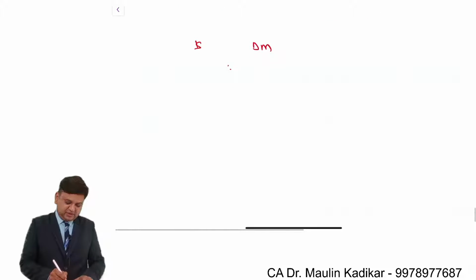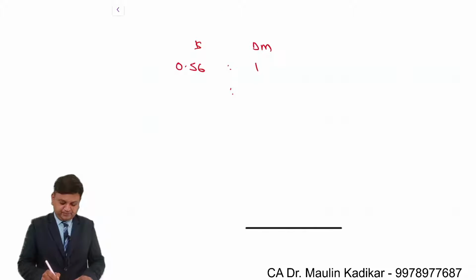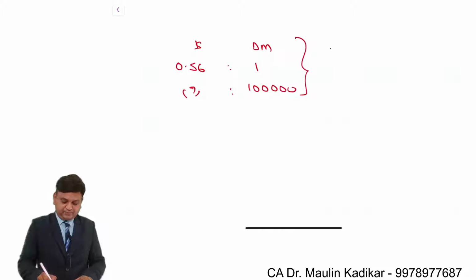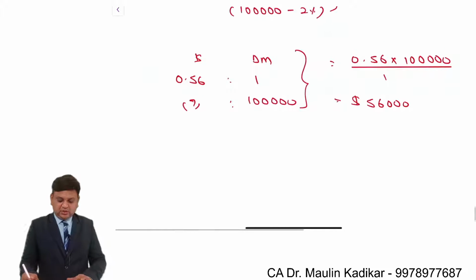So it is $0.56 per Dutch mark. For 1 lakh Dutch mark, this is the amount of dollar: 0.56 into 1 lakh, that is $56,000. What does it mean?